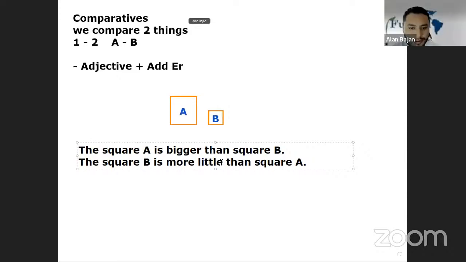We will learn some rules to build comparative sentences. Let's learn a few rules here.